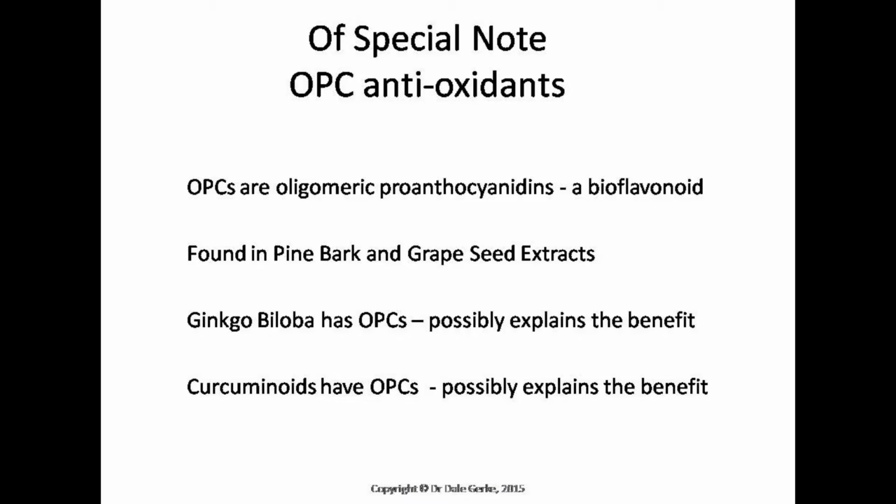They come from other sources as well, but they're the most commercially available. But it's now found that ginkgo biloba and curcuminoids also have OPCs involved, and we also know that those two extracts can be very beneficial for health. So OPCs are very much recommended by me.